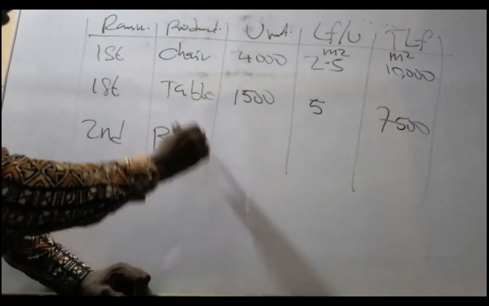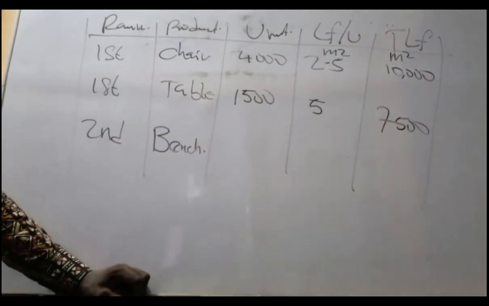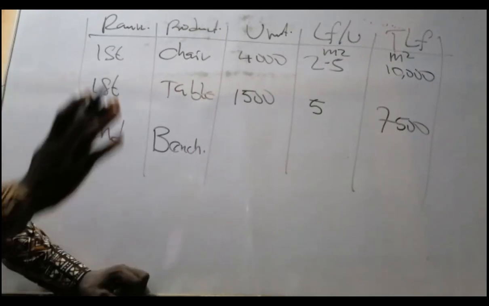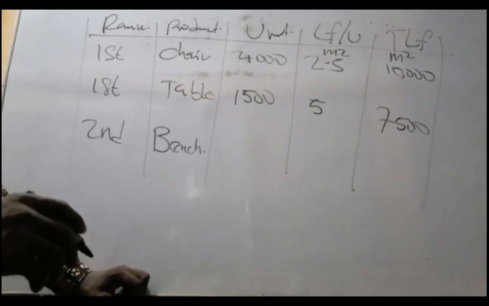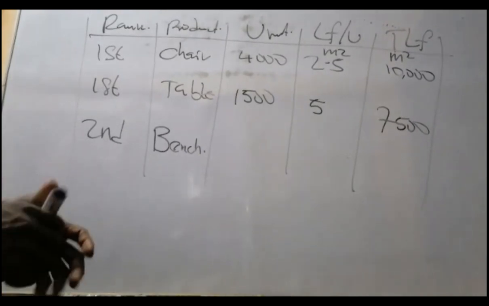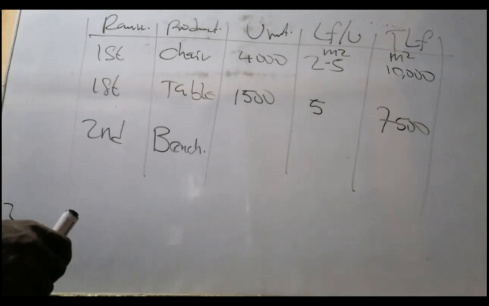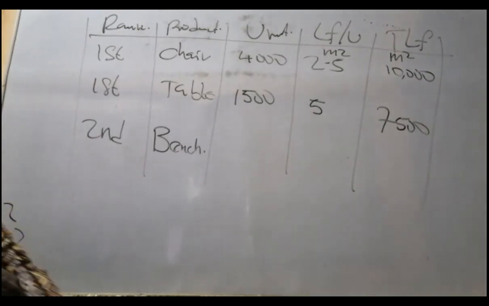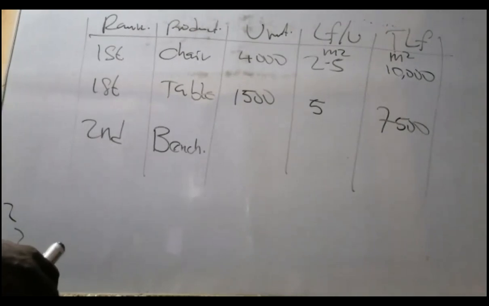Then the last one, we are going to produce what? Bench. For the last one, we told you that don't need to worry. We have to use the difference. So for the last section, we use the difference.